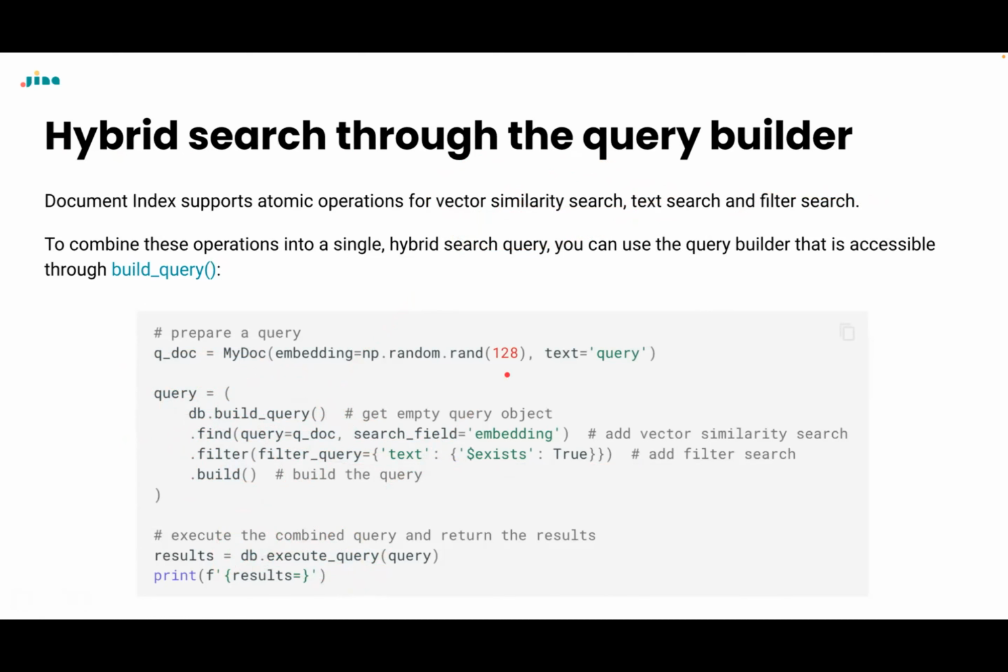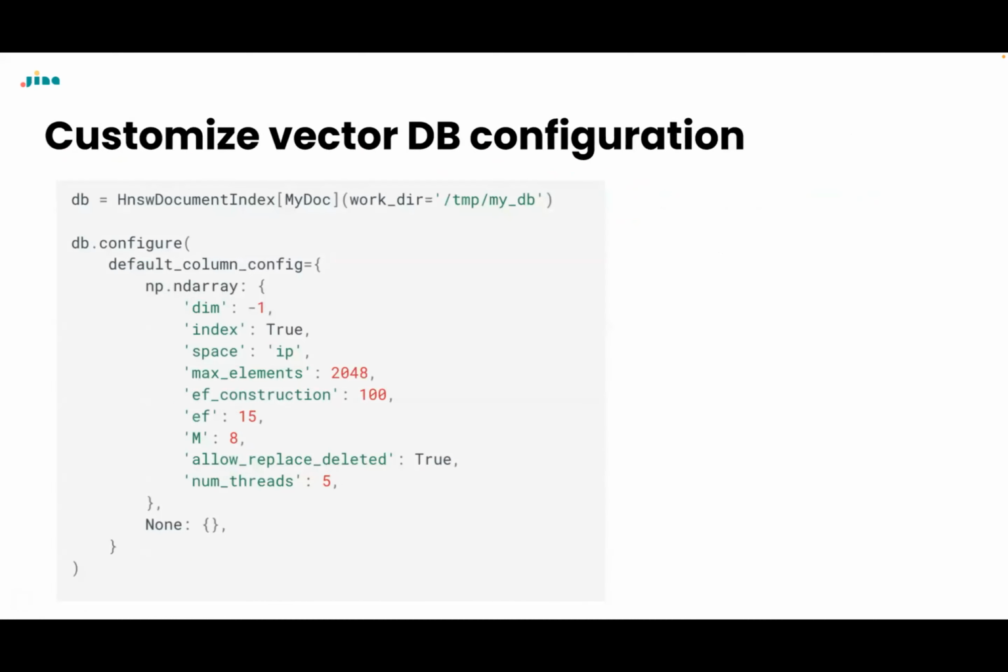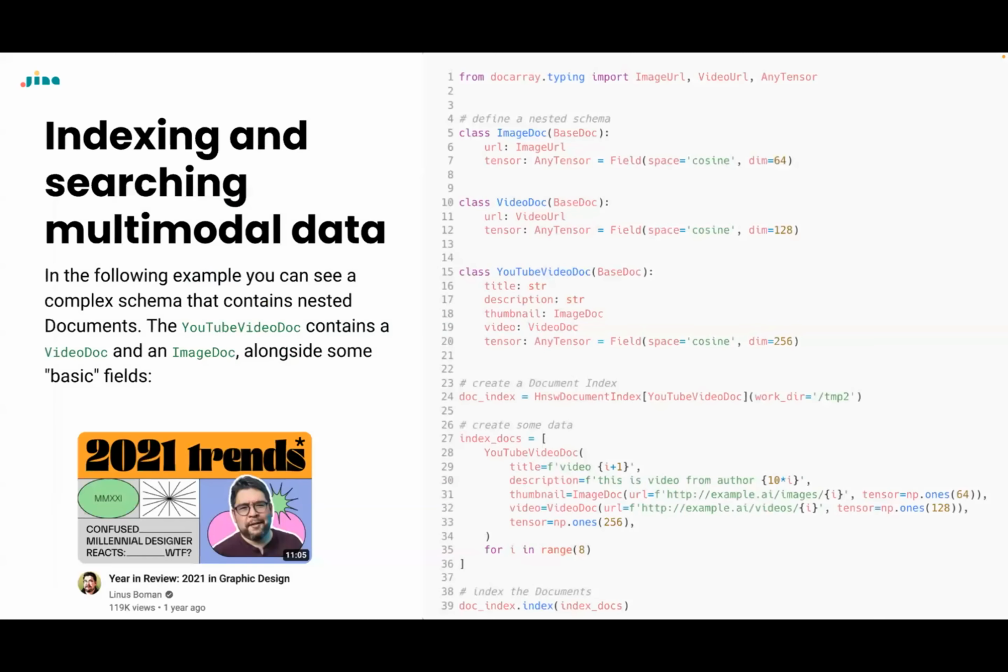So this will give you one shot doing the hybrid search. Of course, you can customize your DB configuration as such. If you are an advanced player and you want to play with all these parameters, you can also do it very easily.